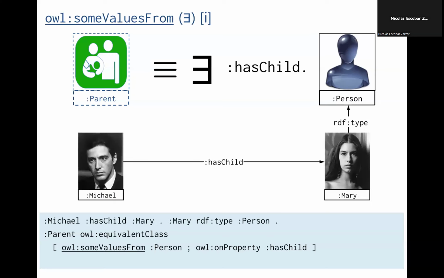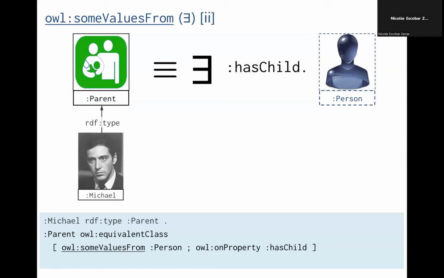Seems relatively intuitive from a general perspective. If we have Michael has child Mary and Mary is a person, what could we infer about Michael? He's a parent. What could we infer in the other direction if we had Michael a parent? He has a child, and that child is a person. But who's the child?